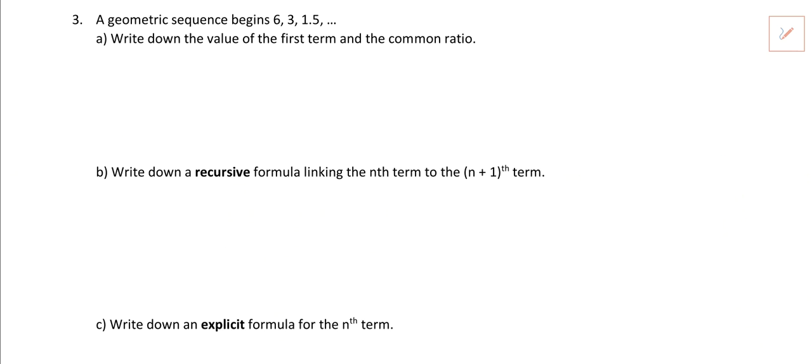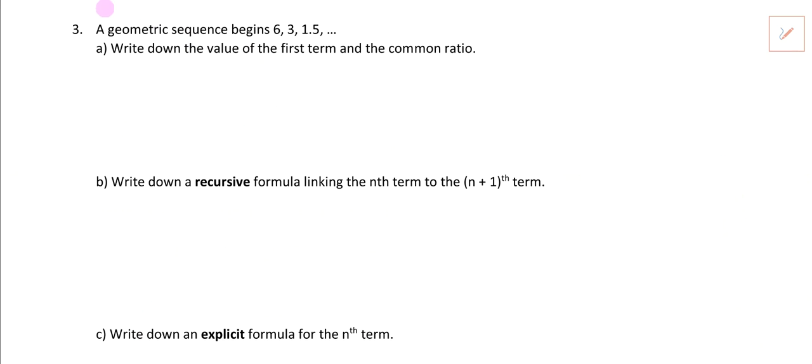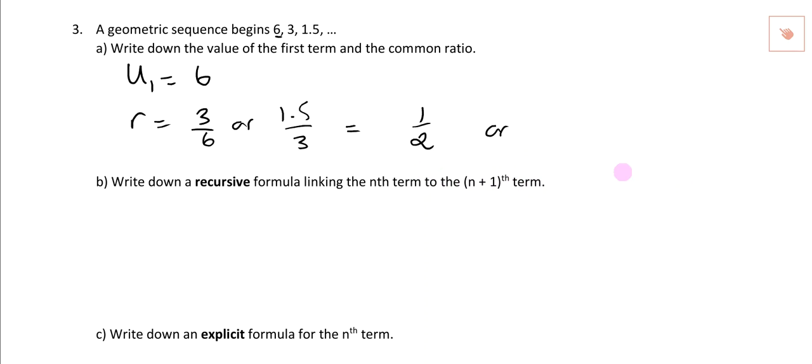So we've got a nice easy start. Write down the value of the first term and the common ratio. So u1 is 6. R, well, you do 3 divided by 6, or 1.5 divided by 3, but you get the answer a half, or 0.5, up to you.